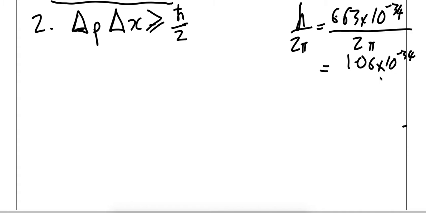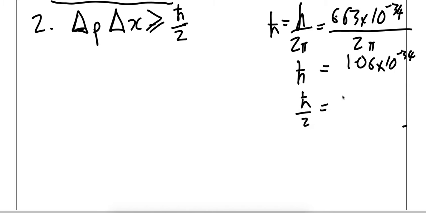We've just divided 6 point something by 2 pi, which is about 6 point something, so we've got something close to 1 by 10 to the minus 34, but then that's h bar, and then we're going to divide h bar by 2 as well in this case.